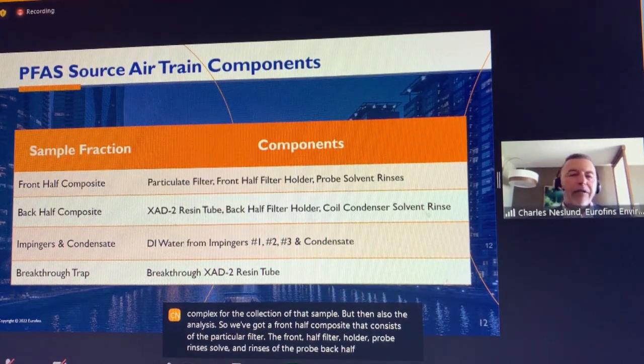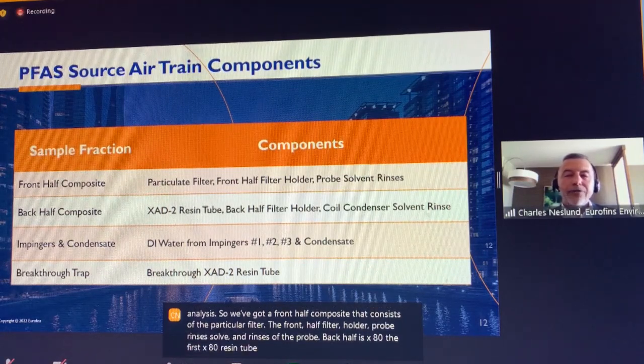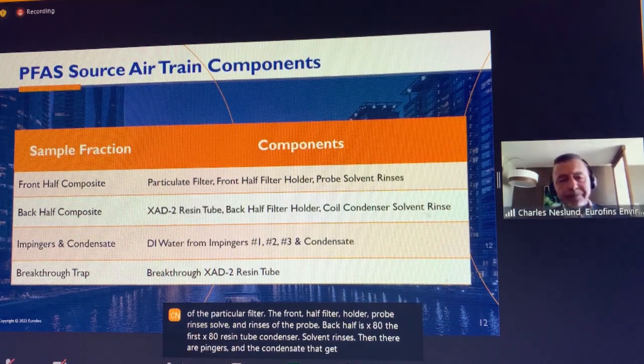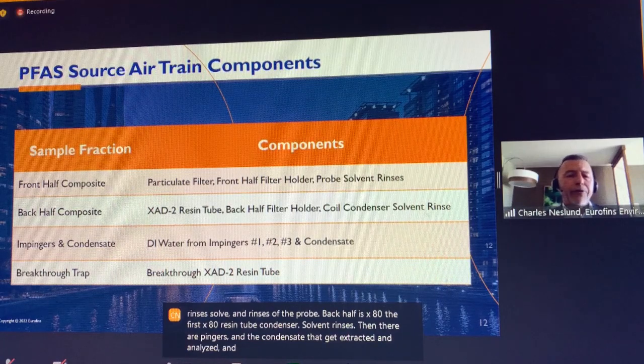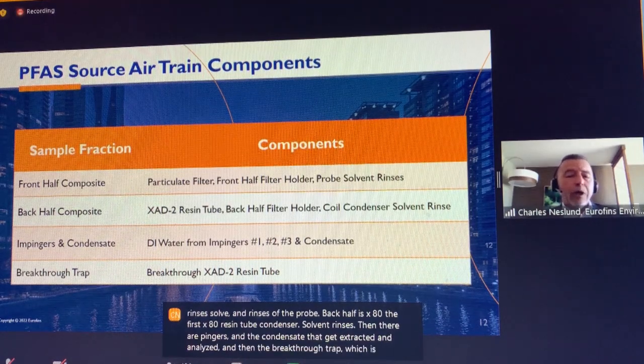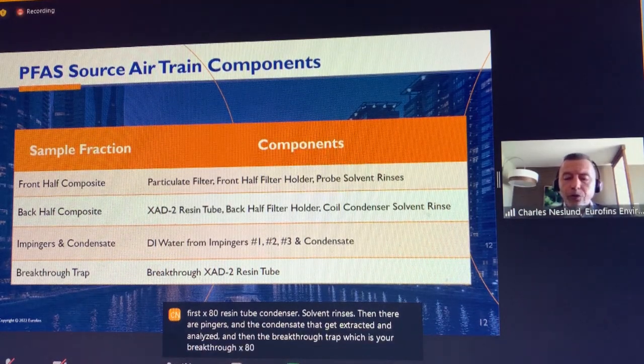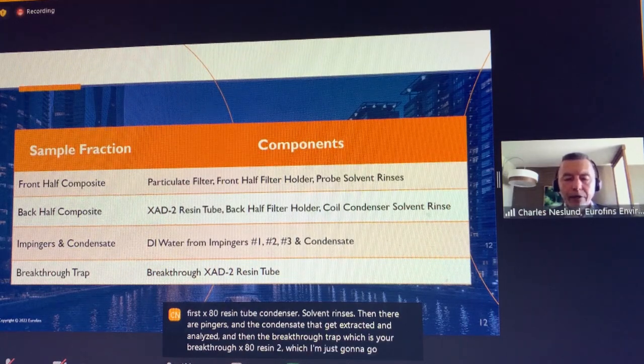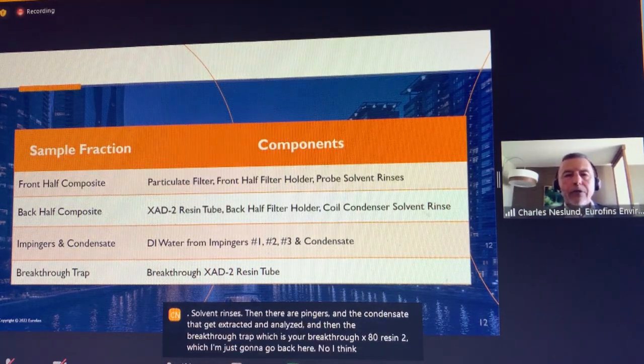Back half is the first XAD resin tube, condensers, solvent rinses. Then there are impingers and the condensate that get extracted and analyzed. And then the breakthrough trap, which is your breakthrough XAD resin tube, which I'm just going to go back here.